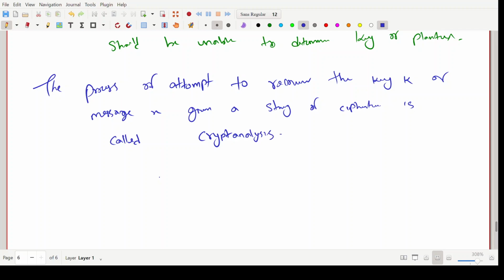That means the process of attempting to recover the key or the message by just looking at the ciphertext is called cryptanalysis.